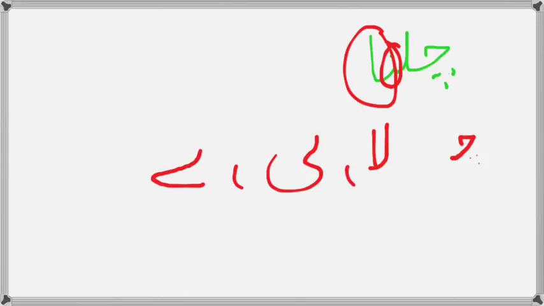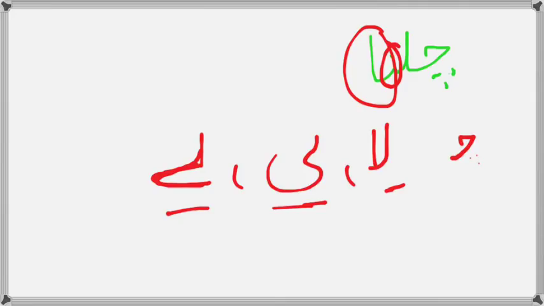La, li, le. So if usually at the end of the verb is written like this, la, le, li, then we can say that we are talking in past simple tense.